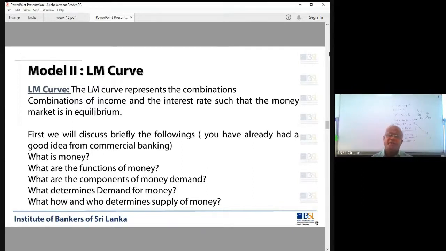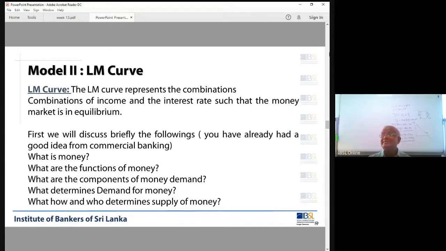In an economy, you have two financial assets, money and bonds. When you say bonds, all are included: FDs, debentures, normal savings, everything.